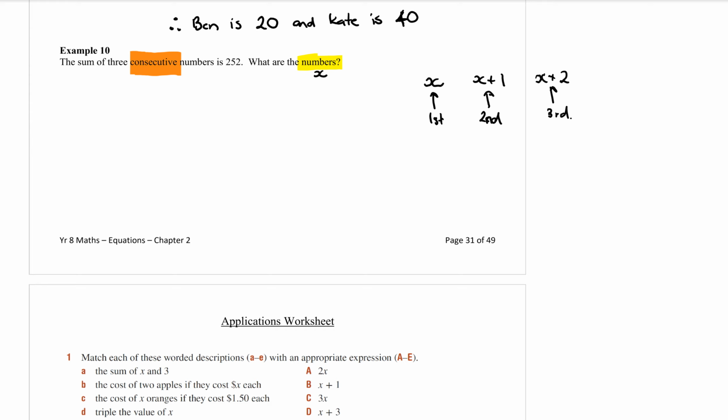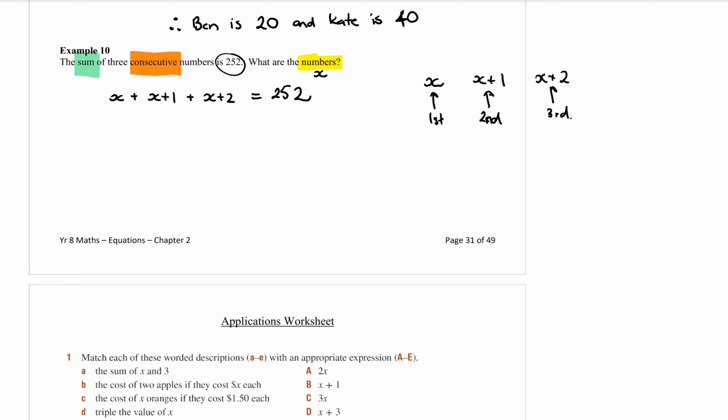So the question says, what is the sum? So we have the sum of 3 consecutive numbers. So if these are my 3 numbers, I want to add them all together. That means that I have x, plus x plus 1, the second number, plus x plus 2, the third number, and that is equal to, it tells me the sum is 252.